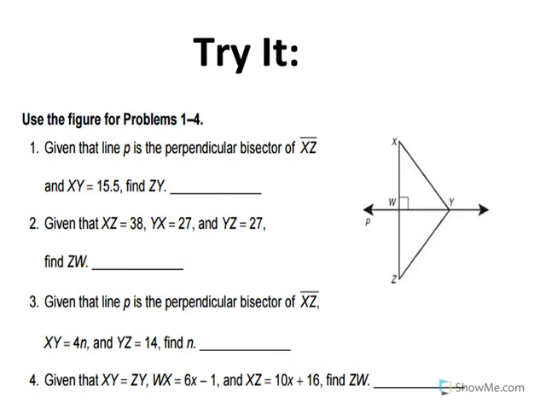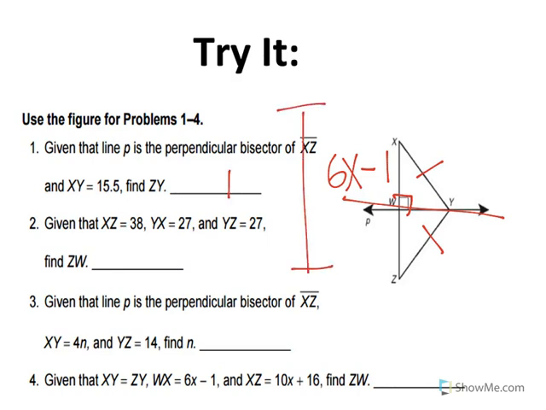Let's go on to number 4. We're given that XY is equal to ZY. So these two segments are congruent, and this is a perpendicular bisector. We're given that ZX is 10x plus 16, my mistake.